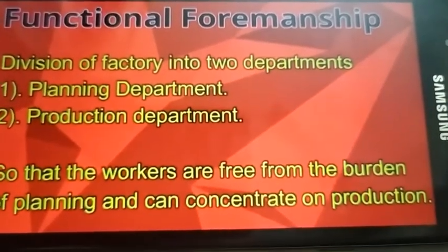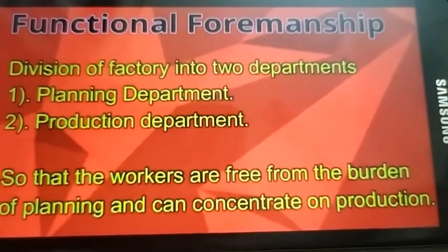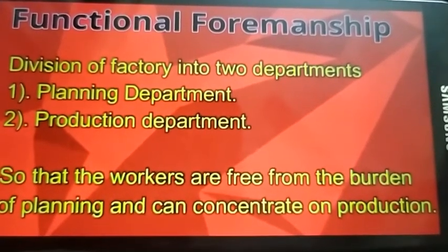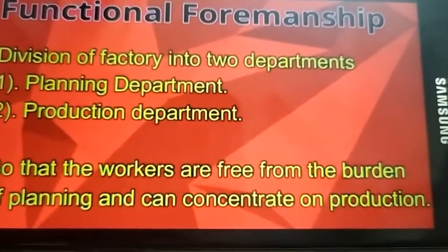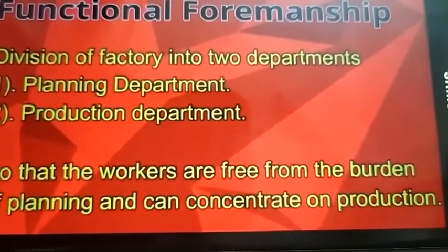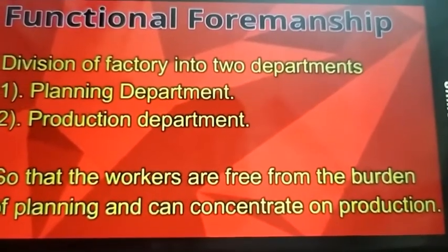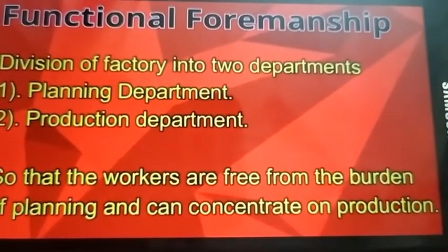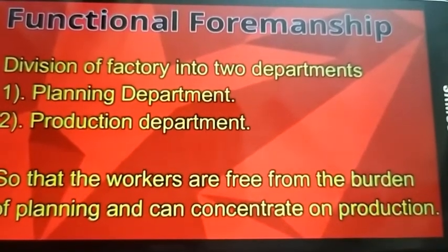He suggested that in these two departments there should be specialized functional experts, a minimum of 8 experts, 4 under the planning department and 4 under the production department, so that these specialized functional experts can guide, supervise and instruct the foremen and the workers.